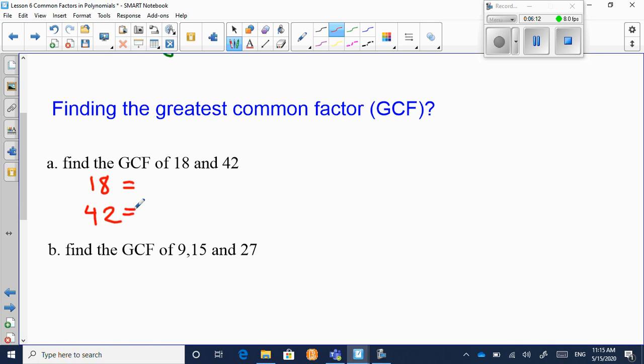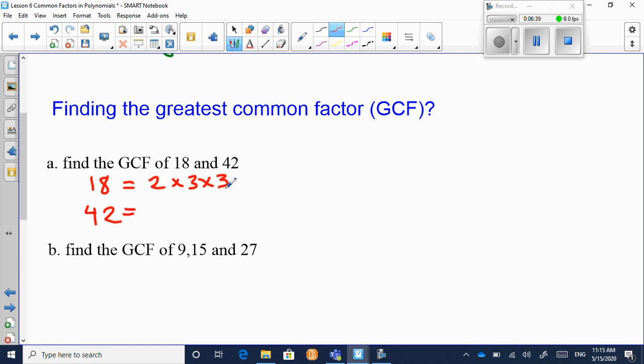What I mean by that is I know that 18 is going to be 2 times 3 times 3. So notice that 2 and 3 don't have any factors other than 1 and themselves, and I don't have to worry about that. So that's 18 written with only what we'll call lowest factors.